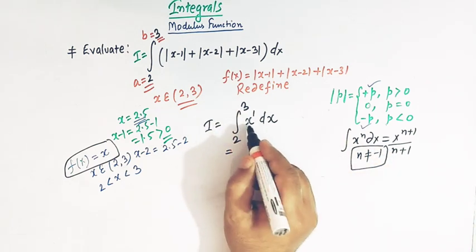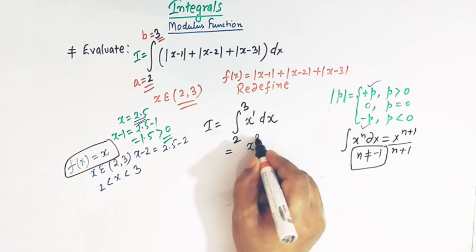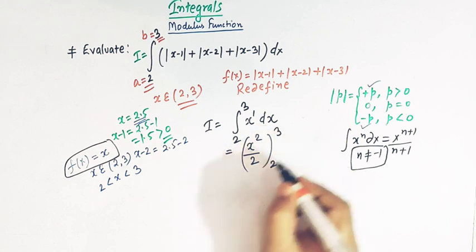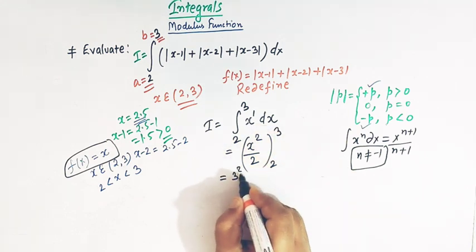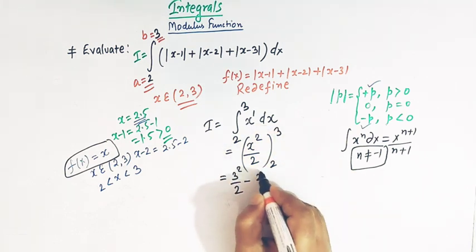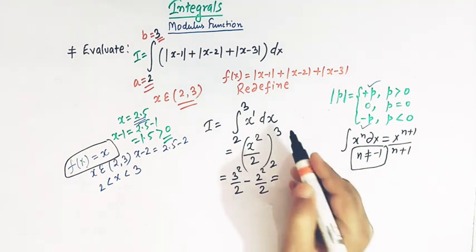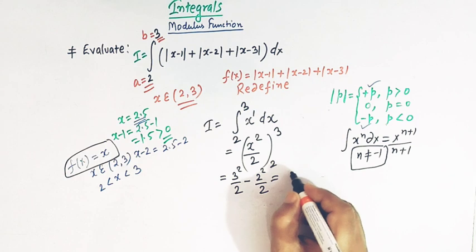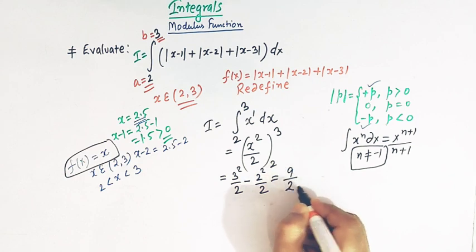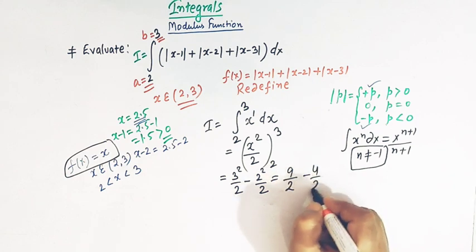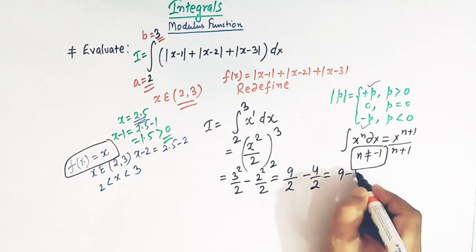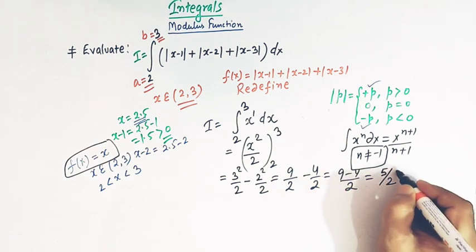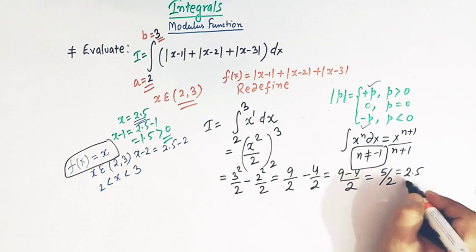So 2 to 3, x raised to 1, so this is x square over 2, and the limits are from 2 to 3, so this is 3 square over 2 minus 2 square over 2, substituting the limits and taking the difference. So here we have 9 over 2 minus 4 over 2, so this is 9 minus 4 over 2, that is 5 over 2, that is 2.5, right?